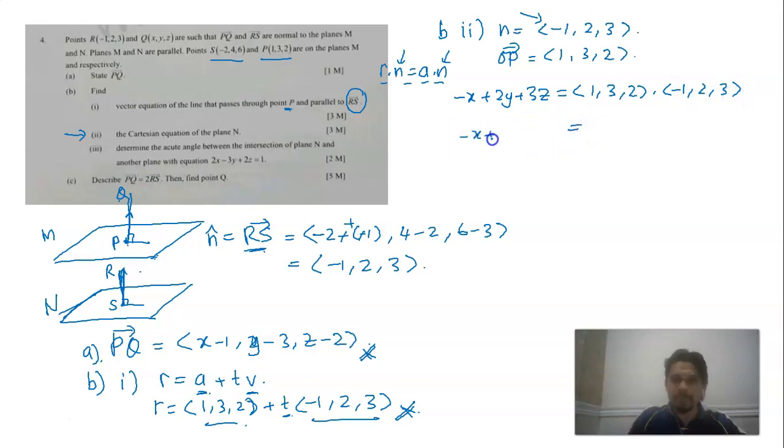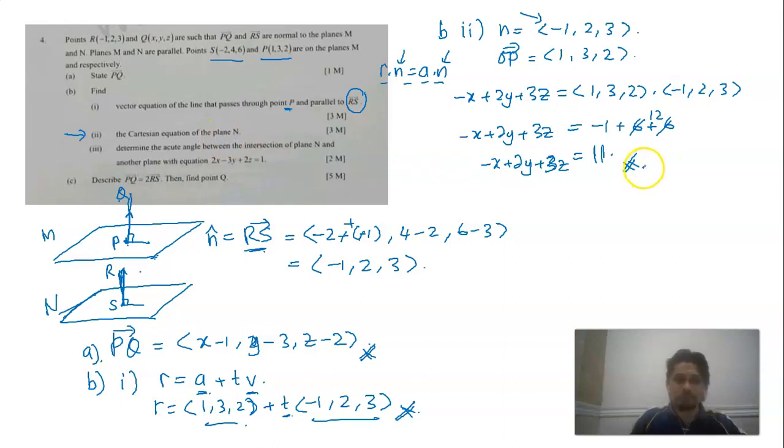So negative x plus 2y plus 3z equal 1 multiplied with negative 1, which is negative 1, plus 3 times 2 equal to 6, plus 2 times 3 equal to 6. So 6 plus 6 equal to 12, 12 minus 1 equal to 11. So negative x plus 2y plus 3z equal to 11 is the Cartesian equation of plane N.